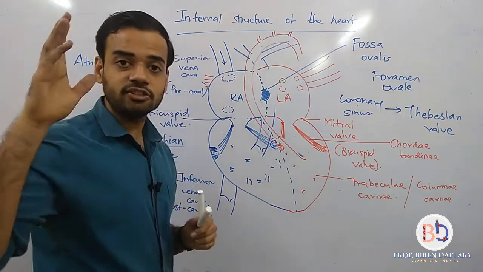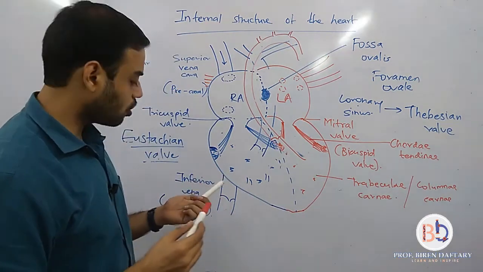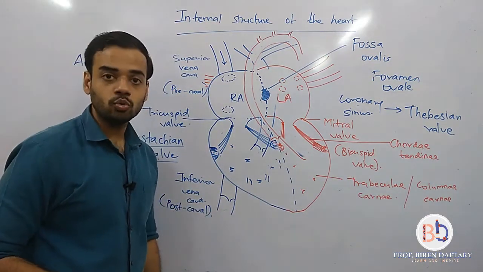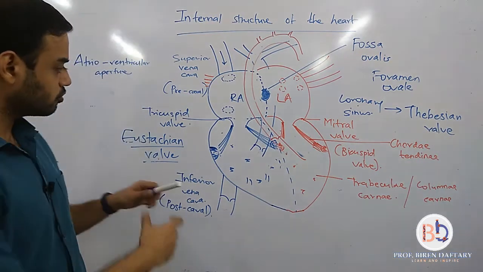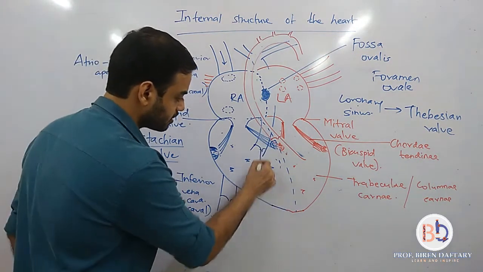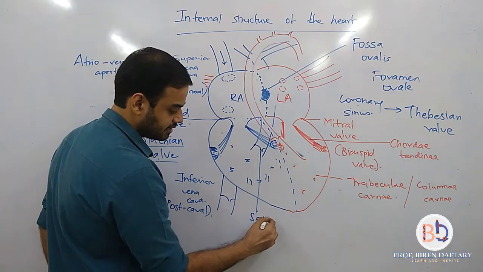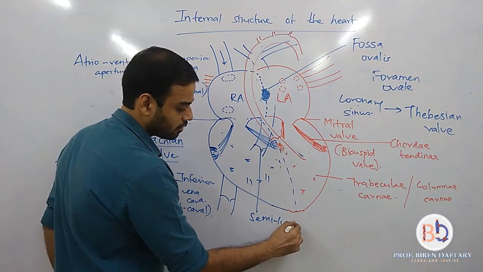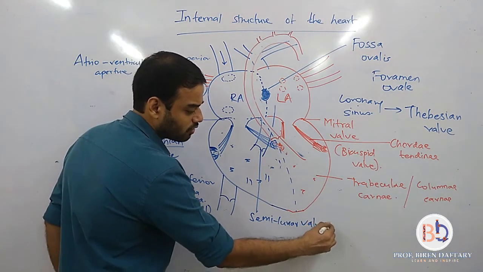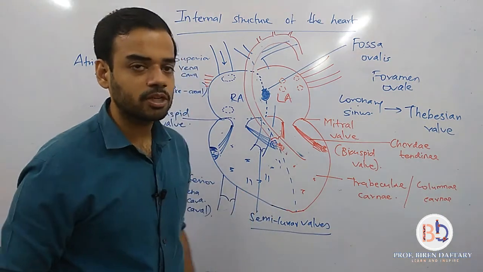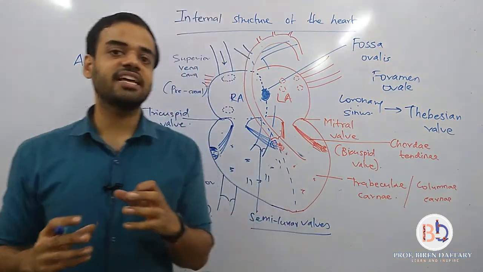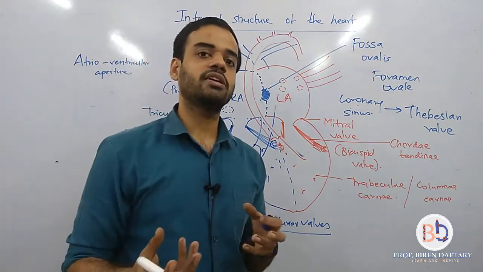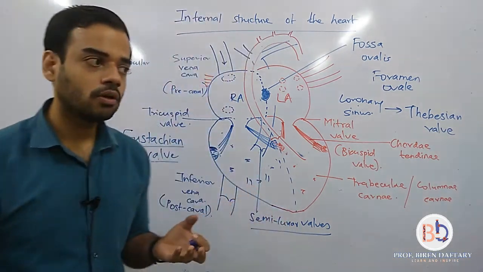And both these valves are called semi-lunar valves. Now I don't have much space over here for labeling, so I will just put an arrow over here. These valves are called semi-lunar valves because the appearance is like that of a half moon. Okay, semi-lunar is half moon.